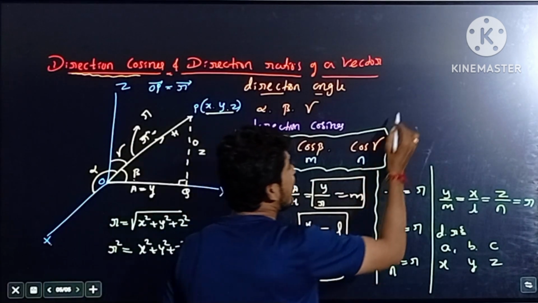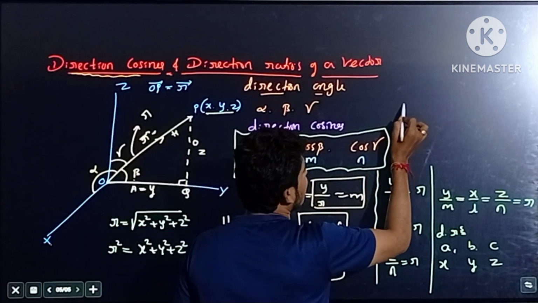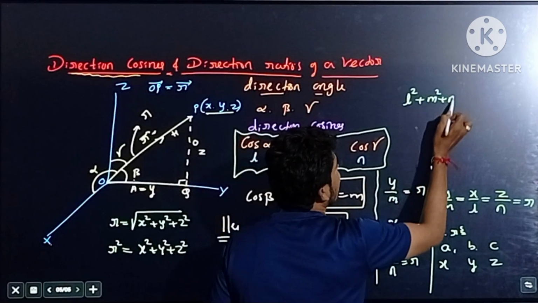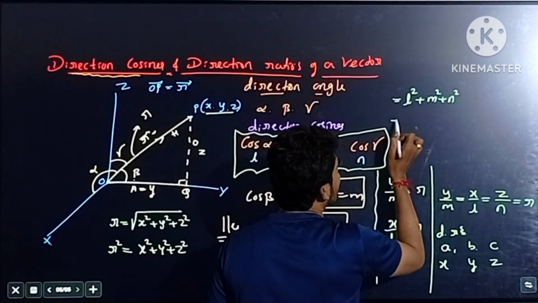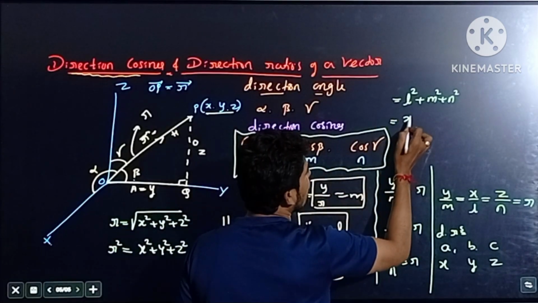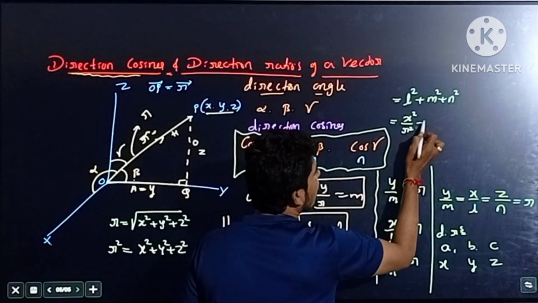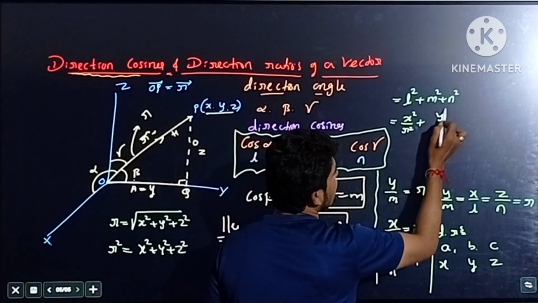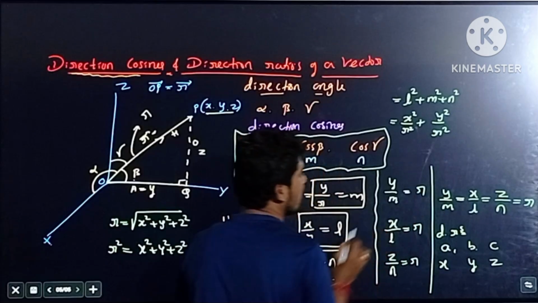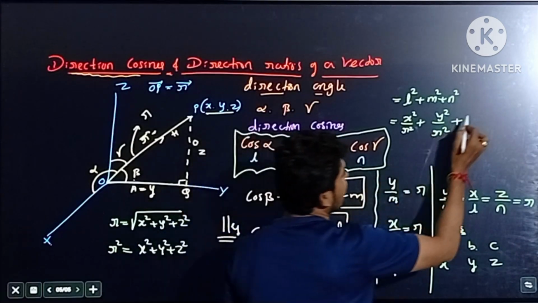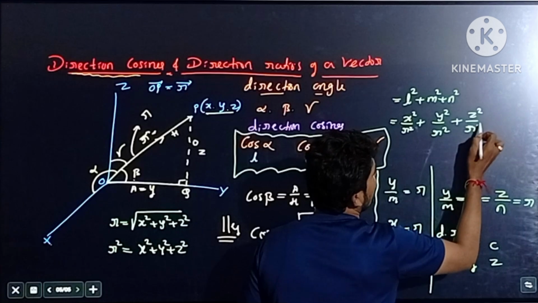If I square and add this L, m and n, let's consider L square plus m square plus n square, which is equal to, the value of L is x by r, then L square is x square divided by r square, plus value of m is y by r, then its square is y square divided by r square, plus value of n is z divided by r, then its square is z square divided by r square.